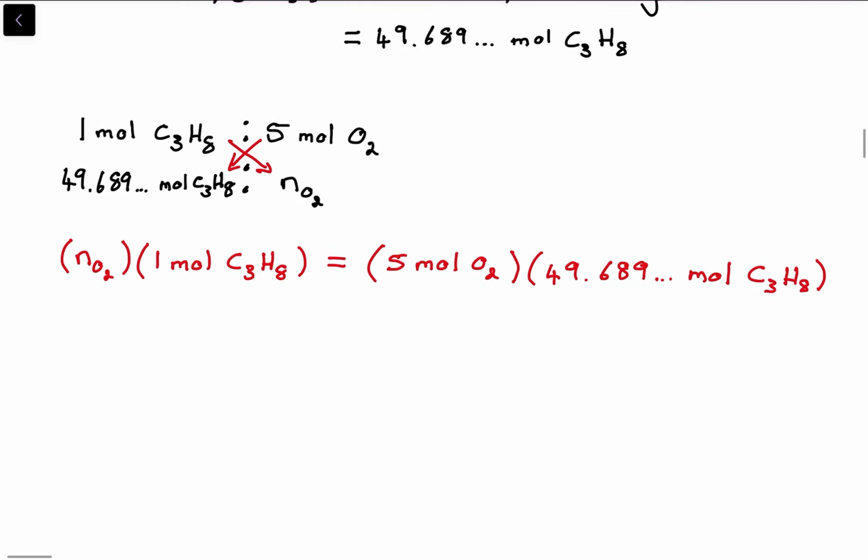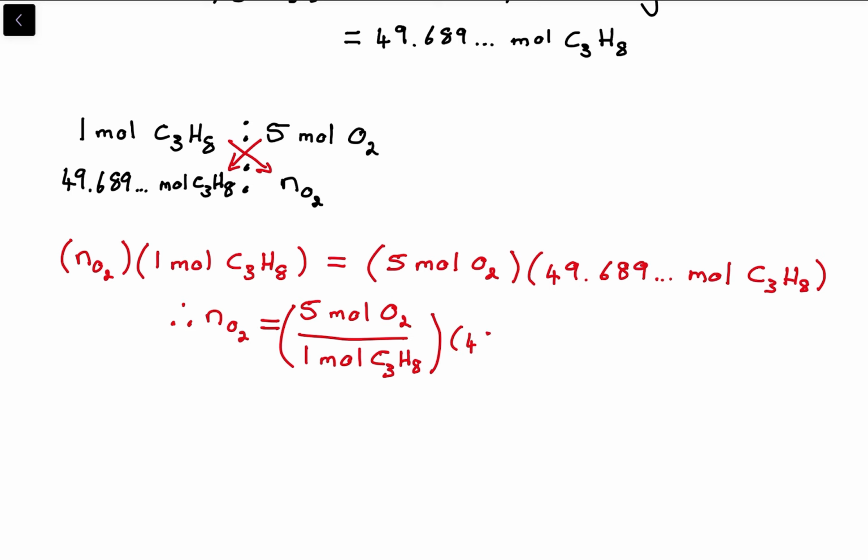All right. And we want to solve for nO2, so that means the number of moles of O2 is equal to the ratio of 5 mole O2 to 1 mole of C3H8 multiplied by 49.689 mole propane.